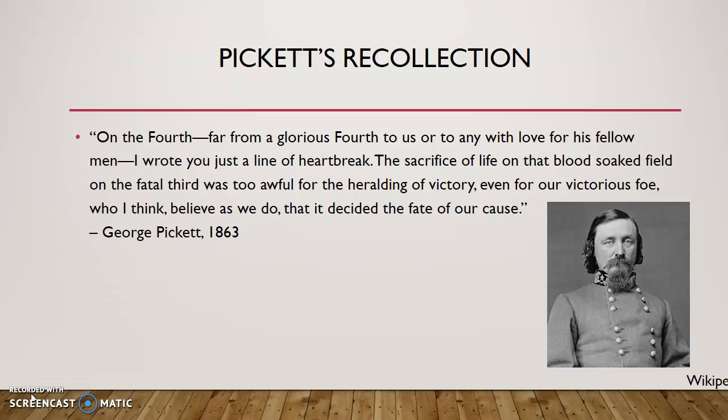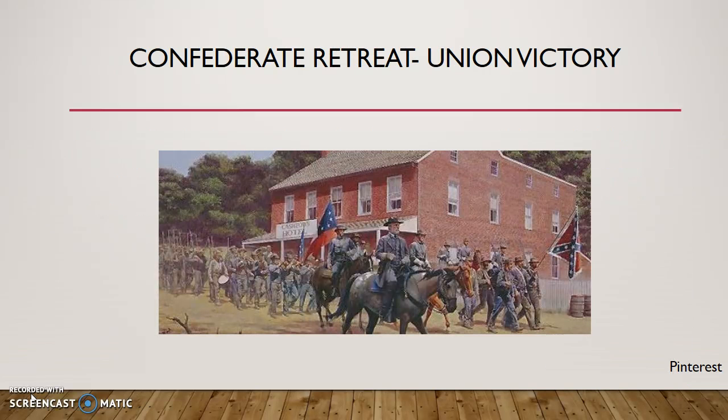This is a quote from General George Pickett. The Battle of Gettysburg and Pickett's charge clearly became the turning points of the Civil War. Not only were the morale and victorious spirit of the Army of Northern Virginia destroyed, this battle was also the event that the Union Army needed to boost their own war morale.